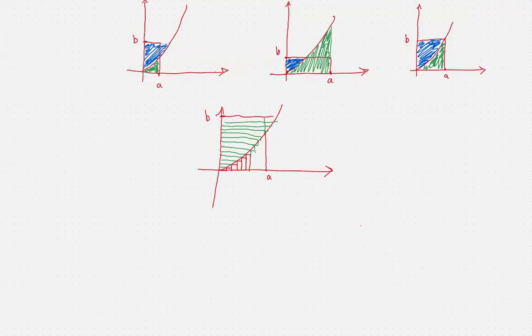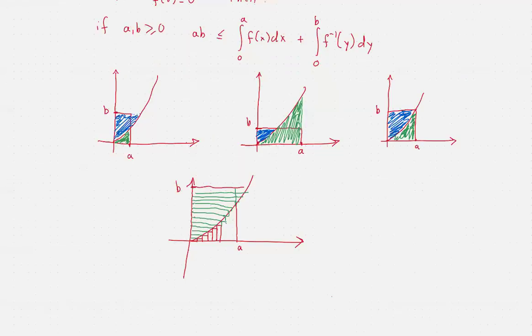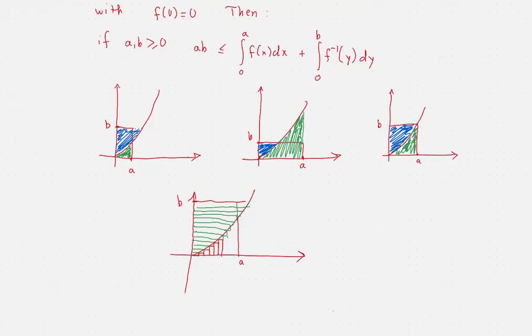And also the nice thing about this is that one has to show it in one case, because the other case is pretty much symmetric to the first one by changing f into f to the negative 1. But I hope that the graphical interpretation is more convincing than everything else.